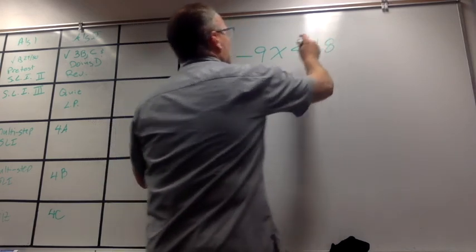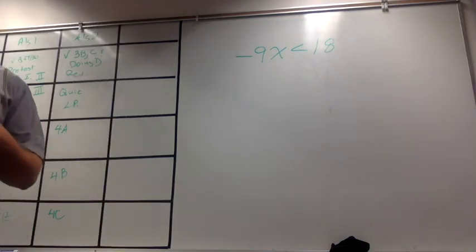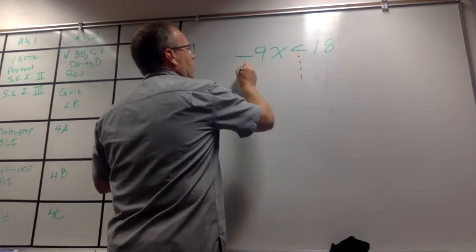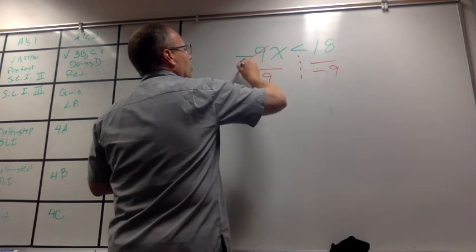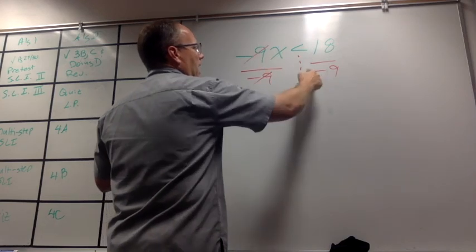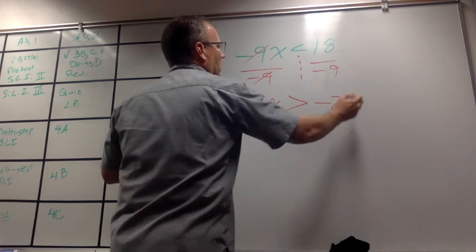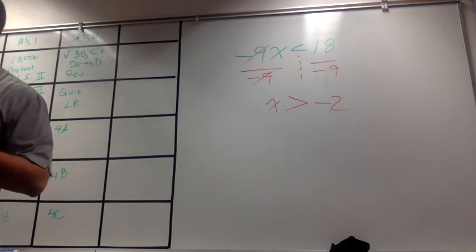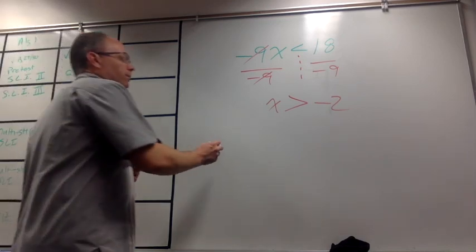All right, so take note on this problem. I have a negative 9x. How do I get x all by itself? Divide. So I'm going to divide each side by negative 9. If I multiply or divide by a negative, this sign has to flip over. I get negative 2, because 18 over negative 9 is negative 2. If you're getting your variable alone and your last step is multiplying or dividing by a negative, your sign flips over.